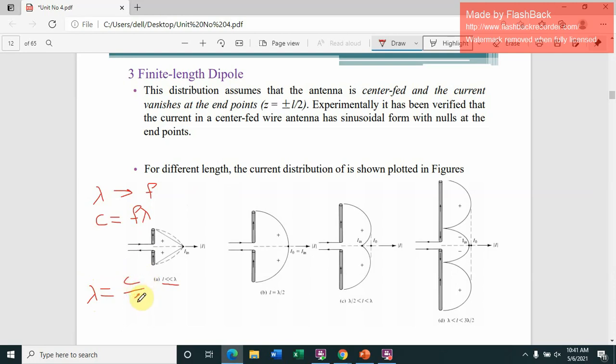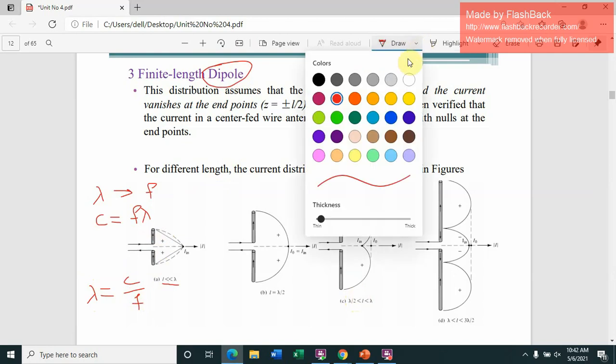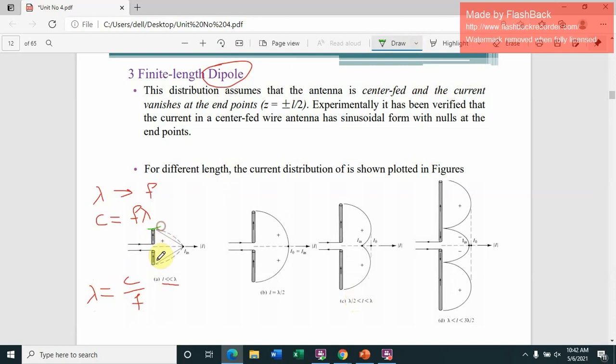In the finite length dipole antenna, the voltage is maximum at the end of the dipole. At this end the voltage is maximum and the current is zero or minimum.